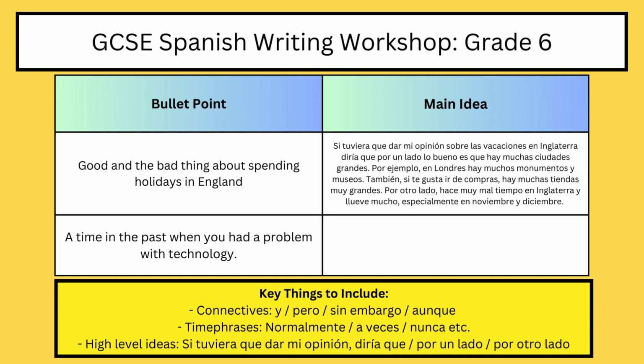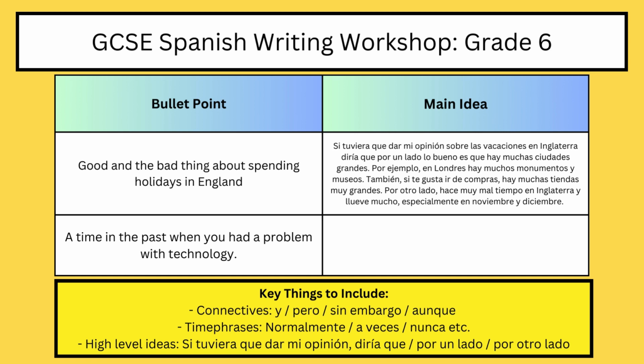For example, in London, there are many monuments and museums. También, si te gusta ir de compras, if you like going shopping, hay muchas tiendas muy grandes. There are lots of big shops. Por otro lado, hace muy mal tiempo en Inglaterra. On the other hand, the weather is really bad in England. Y llueve mucho, and it rains a lot, especially in November and December.